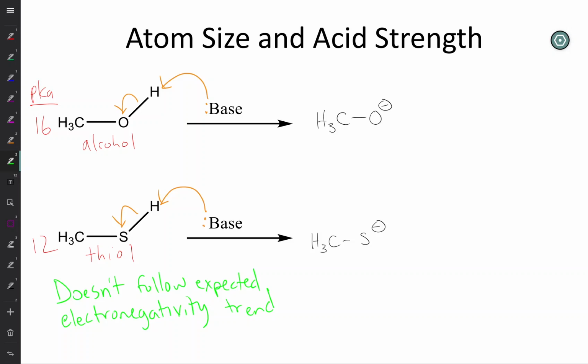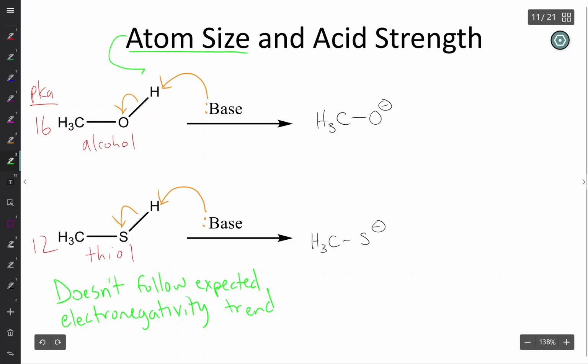What does that mean about the size of the atoms? And there's a clue at the top. All right. Higher level valence electrons means that they are further from the nucleus, so the atom is bigger.